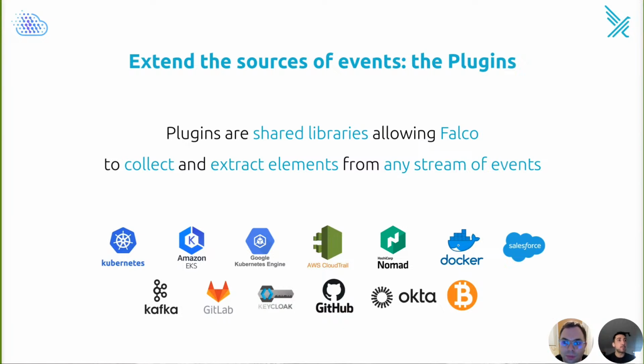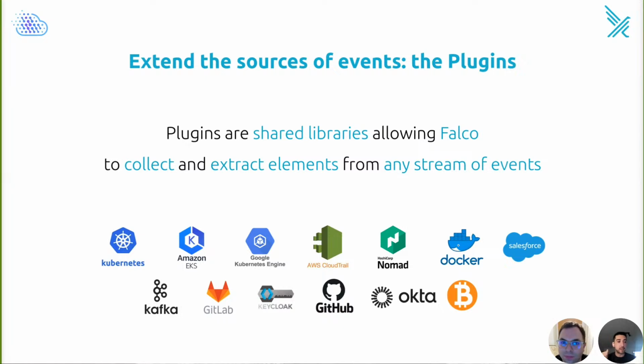If you are using managed clusters like EKS or GKE, you don't have access to these audit logs directly because they are collected by the cloud provider. They are stored in something like CloudWatch logs or Stackdriver, and you have to pay for the storage and for the requests to the API to collect them. But we provide plugins to collect these audit logs from the log storage system of your cloud providers and inject them back in Falco.